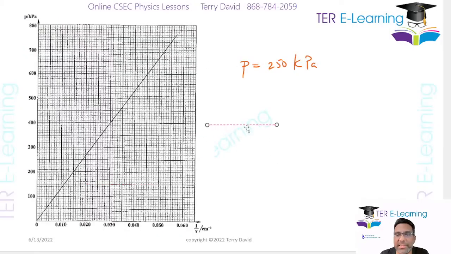I might have to make this a little thicker or darker. All right, so we're reading off at 250. So 250 is around here. They're giving us easy graphs to read off, guys. Now your challenge is to read the bottom piece.